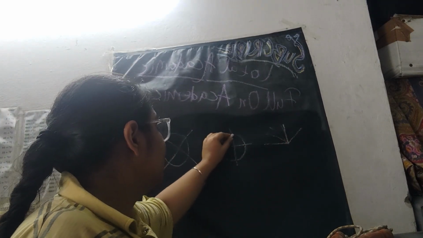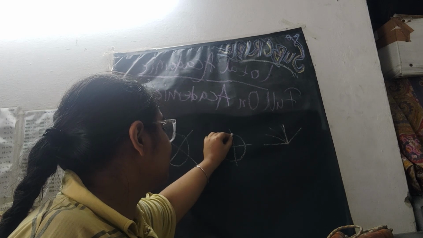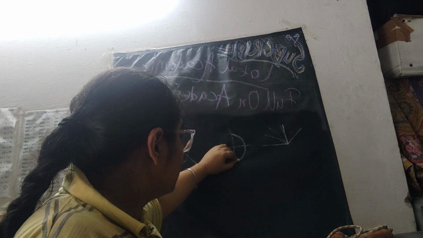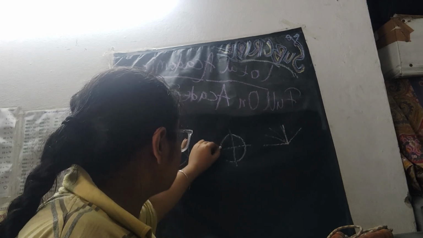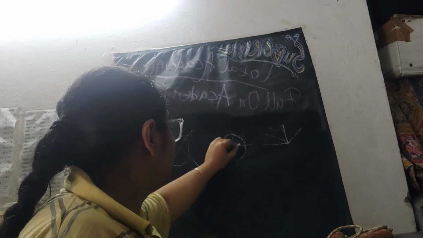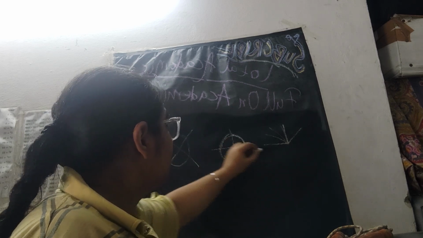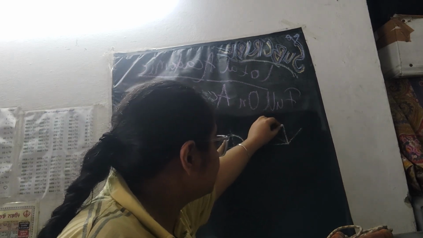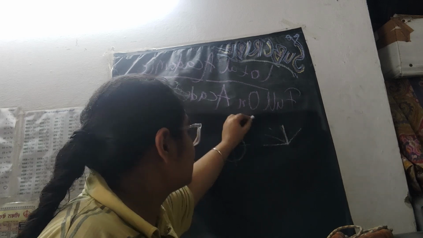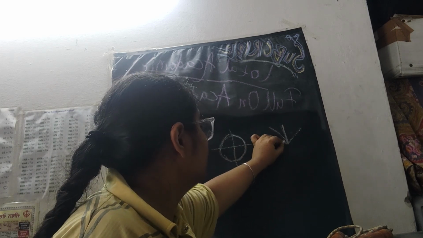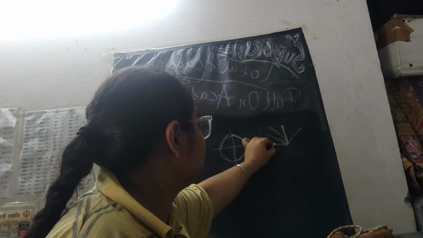There's a circle, and consonants are like this, or like this, or like this. Consonants are straight lines, horizontal, vertical.